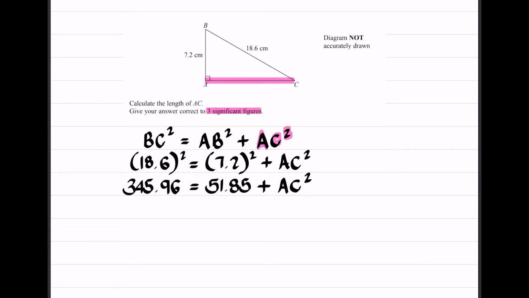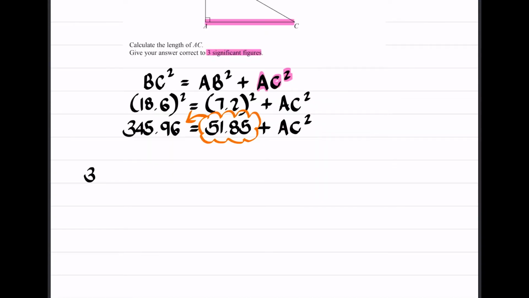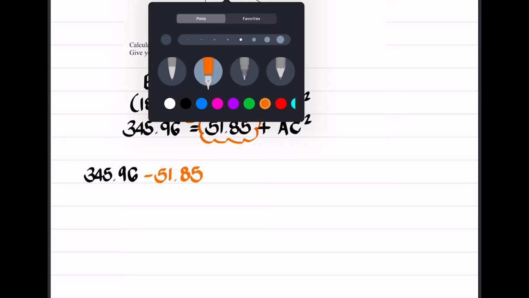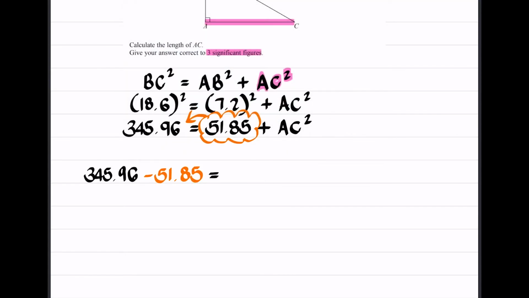But I want the AC squared by itself, so I'm going to take this 51.85 across the equal sign. The 345.96 stays the same, stays first. The positive 51.85 when it goes across now becomes negative 51.85, and that is equal to the AC squared, which stays the same because nothing has happened to it.